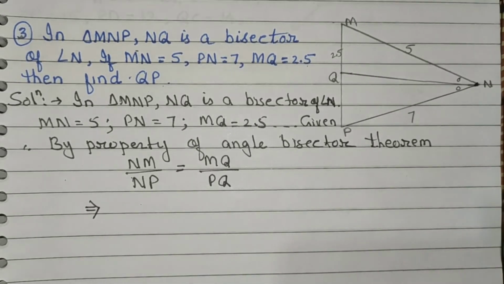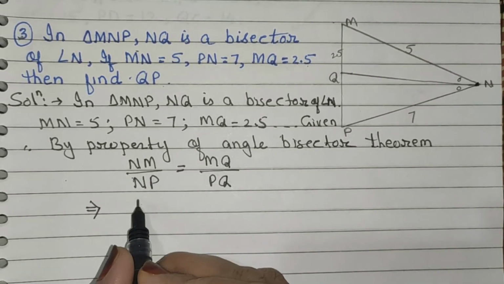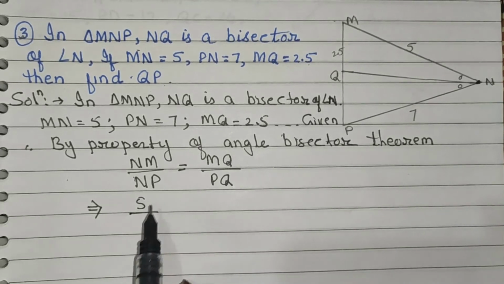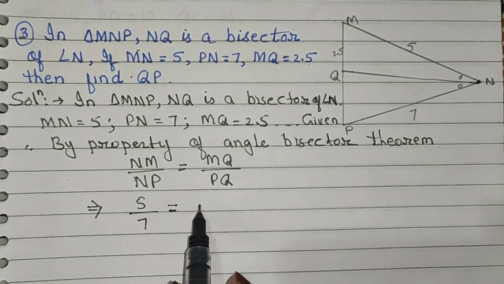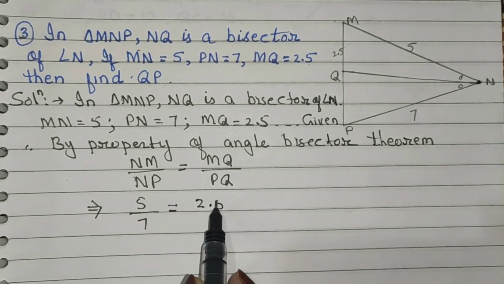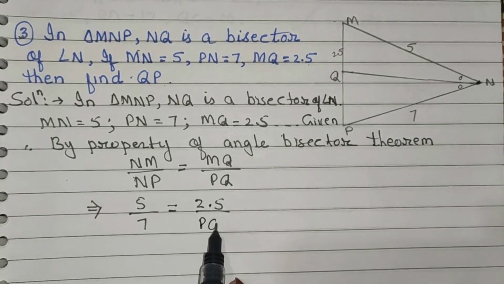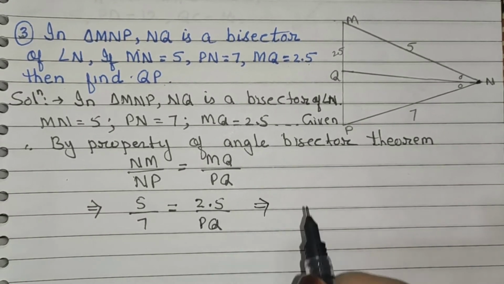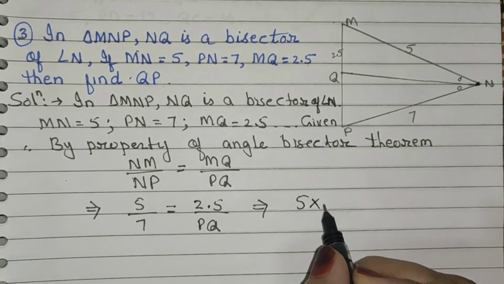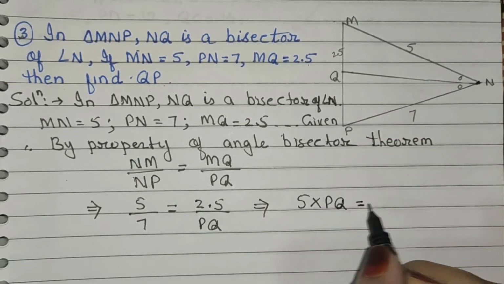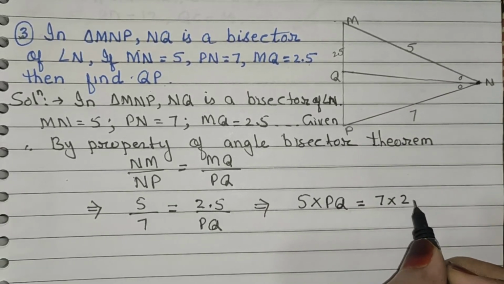Now substituting all the values here, 5 upon 7 is equal to 2.5 upon PQ. Now cross multiply here, we get 5 into PQ is equal to 7 into 2.5.